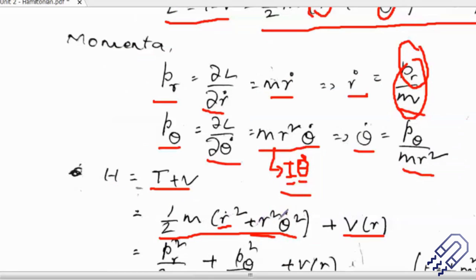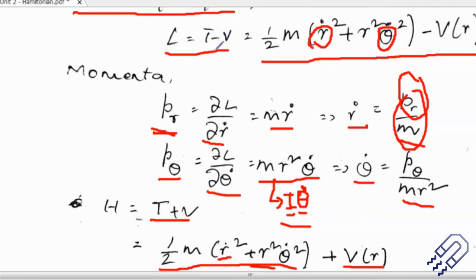Okay, so I've written the Hamiltonian, but if I want to find out the equations in Hamiltonian form, I have to write down the Hamiltonian in terms of PR and P theta. What is the best way to do it? Consider the generalized momentum. If you want to find the generalized momentum in terms of the generalized coordinate, you have to consider the Lagrangian, and that's why you write down the Lagrangian.